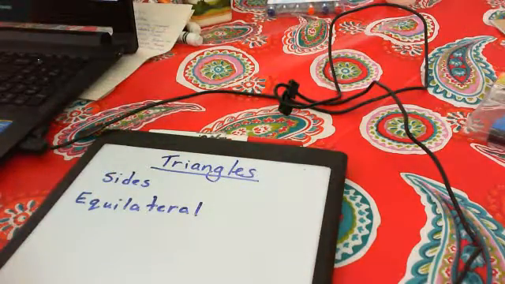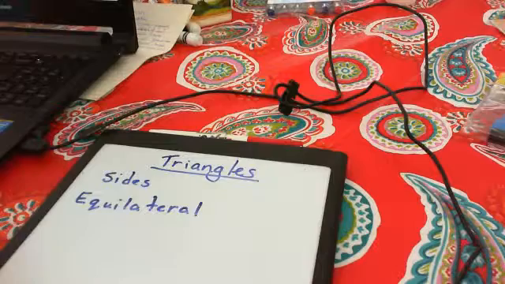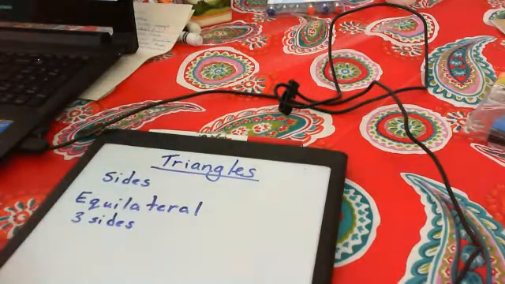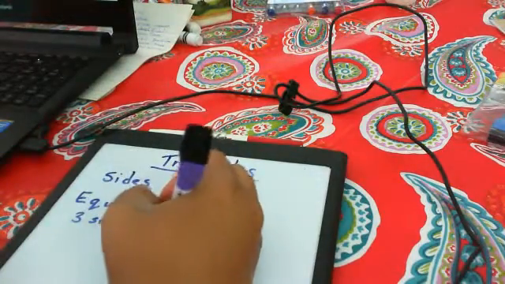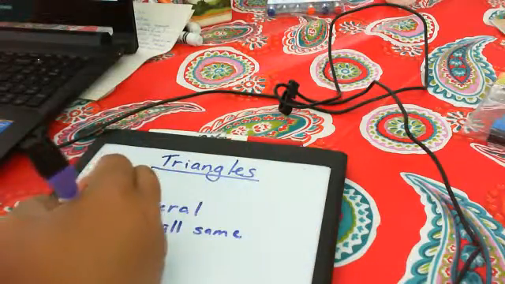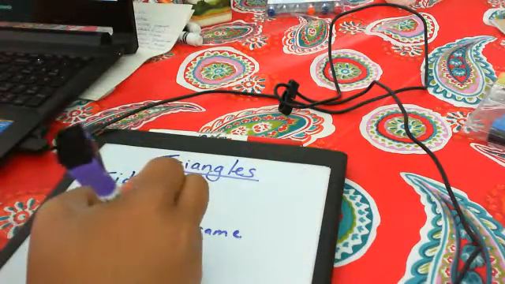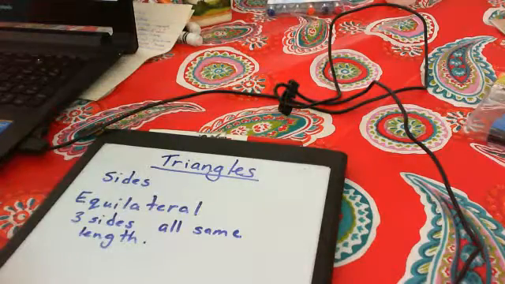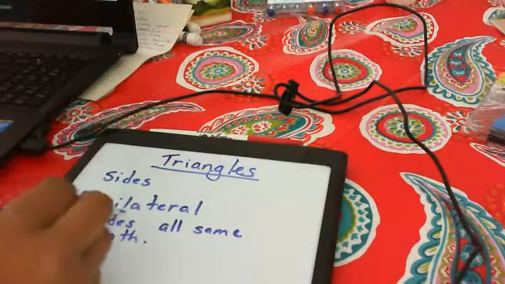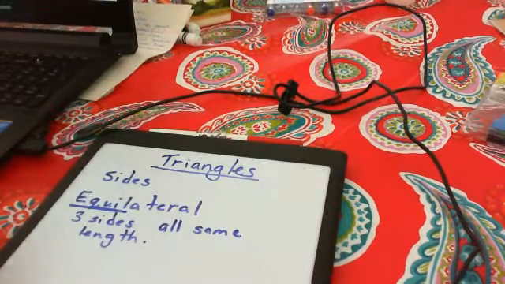Equilateral triangles are the ones that you grew up with mainly in kindergarten and pre-K, where it has three sides and all the same length. Now, all triangles do have three sides, but all of the sides are not the same length. If they're all equal, then that's why we call them the equilateral triangle.